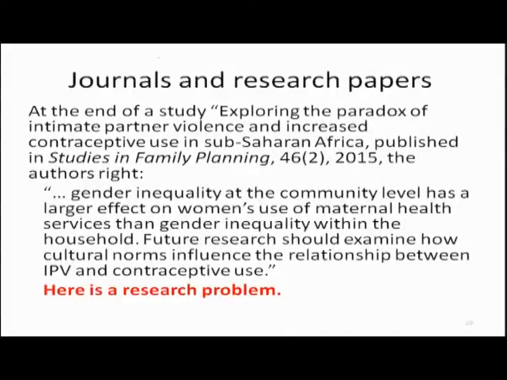So, just go to the library or go to the internet, identify a good article in a good, internationally reputed peer reviewed journal published in the last 1 or 2 years or last 5 years, not before that, because then you will have old research problems, and look at what they have done, what their methods are, what their findings are, what the limitations of this research are, and what they suggest for the future.